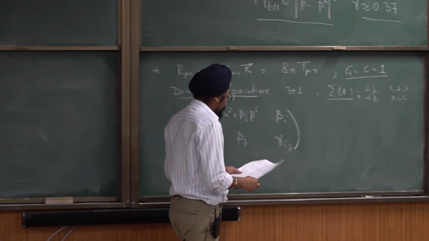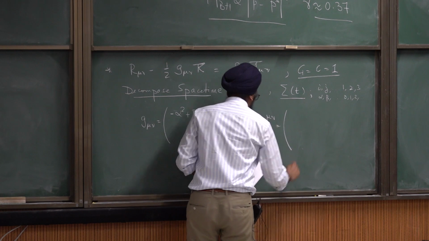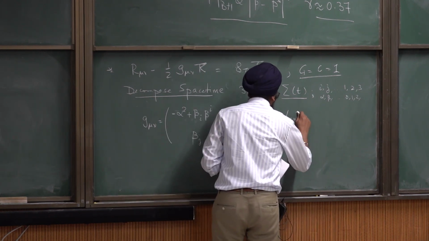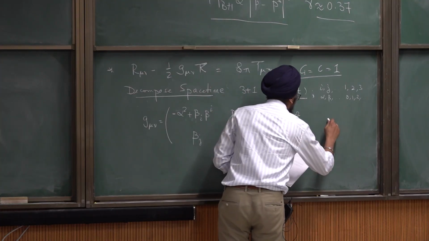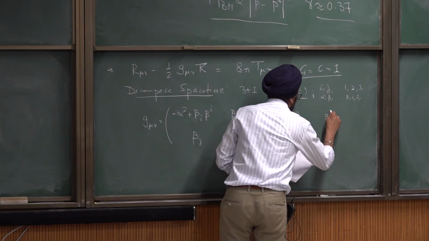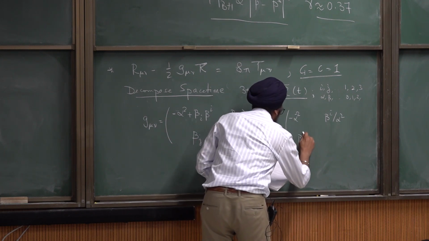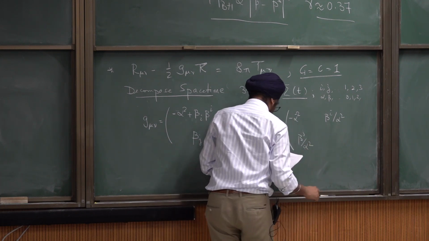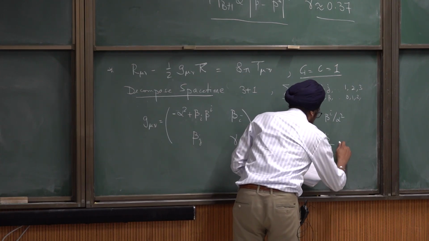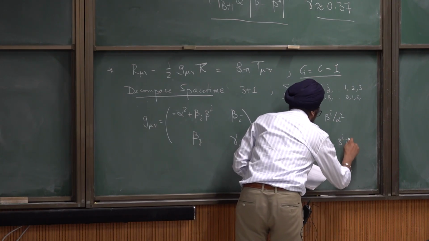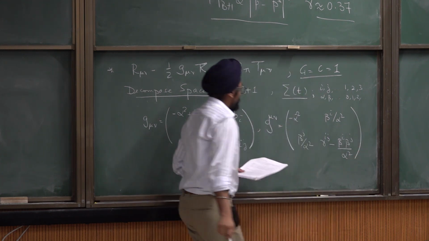So you have the metric, and similarly you have its inverse, which is minus 1 by alpha squared, beta i by alpha squared, beta j by alpha squared, gamma ij minus beta i beta j. So you just have these two.